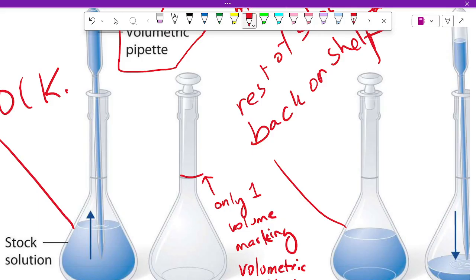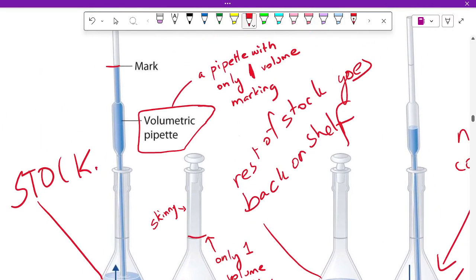Okay, so we've got a volumetric pipette, we've got a volumetric flask. You'll notice that both of them are very skinny. Yes, we have a skinny neck, and that's where the mark is. Why do we want it to be very skinny when we're measuring a volume?